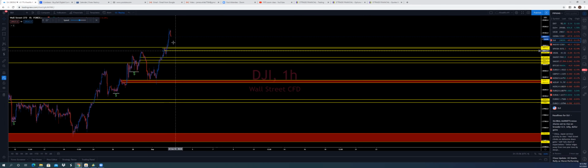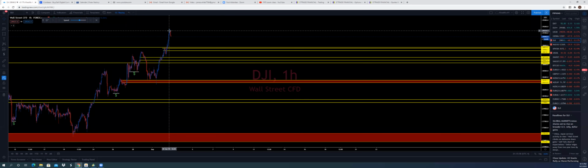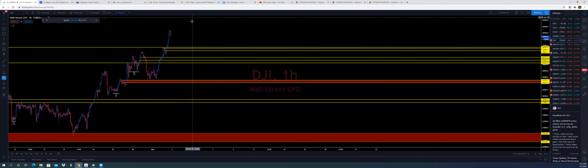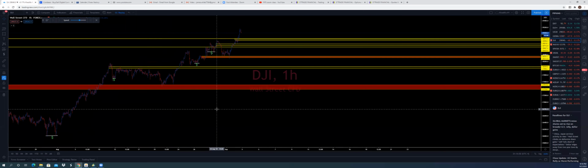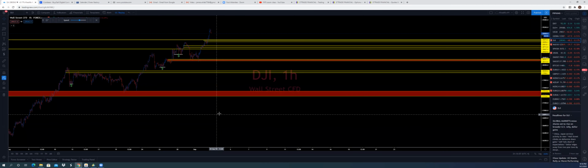It's about a 70, 80% discount of this move here, and then we'll see that continuation. So that's what I'm gonna be expecting out of U30. So y'all definitely keep your eyes open.